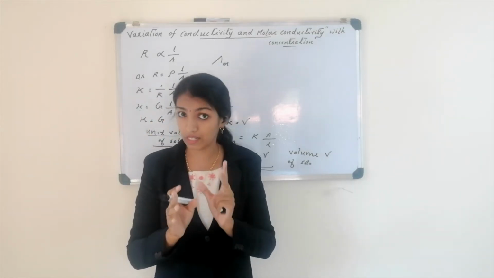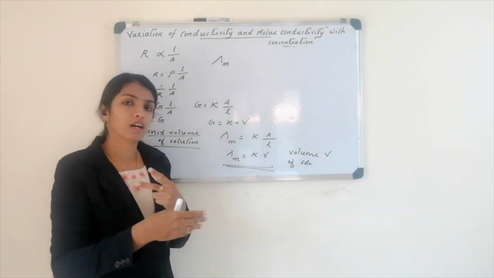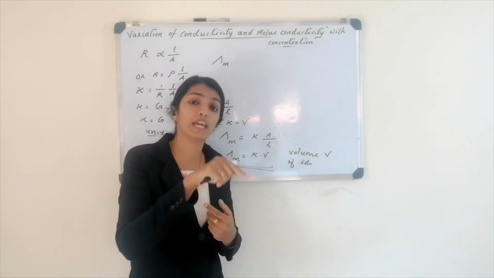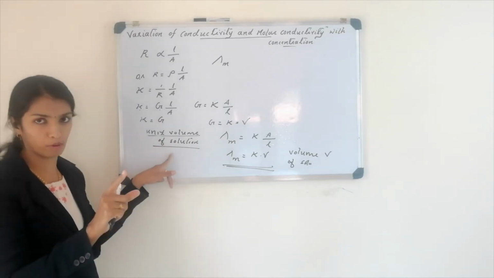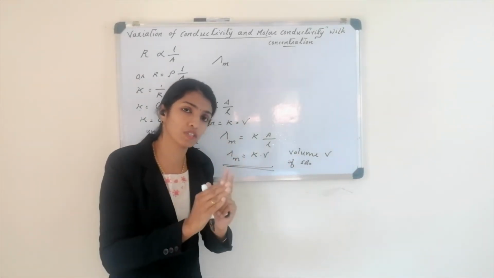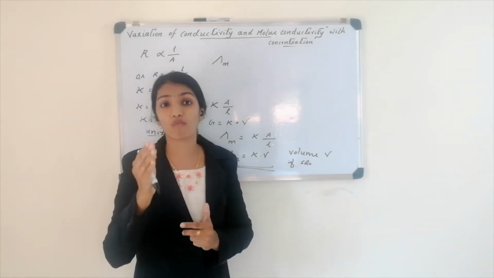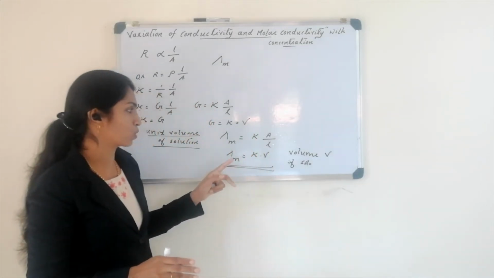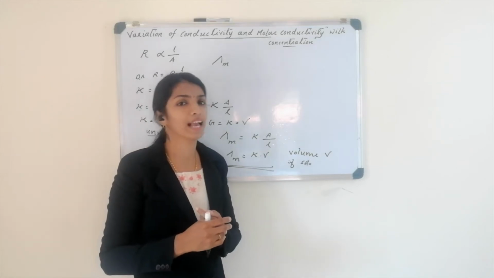But molar conductivity is the conductivity of volume V of solution containing 1 mole of the electrolyte kept between 2 platinum electrodes of distance 1 unity, and the area of cross section will be A.